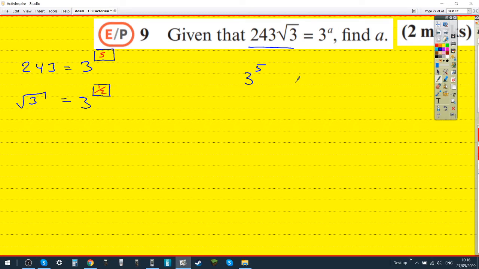Step by step. So finish step 1. 3 to the power of 5. Square root of 3. Oh, 3 to the power of a half. A half. And what's in between these two?